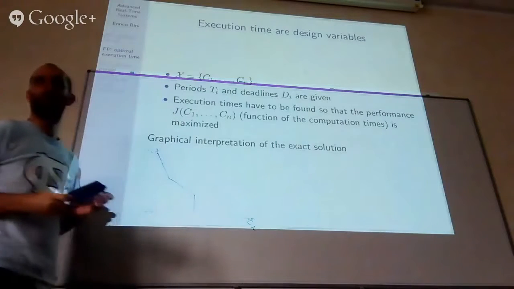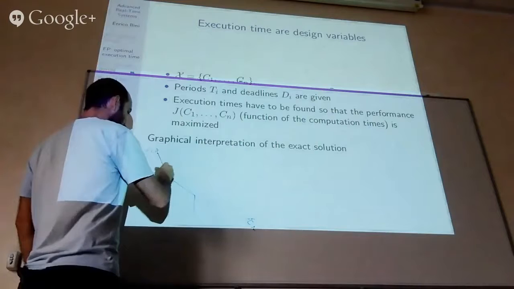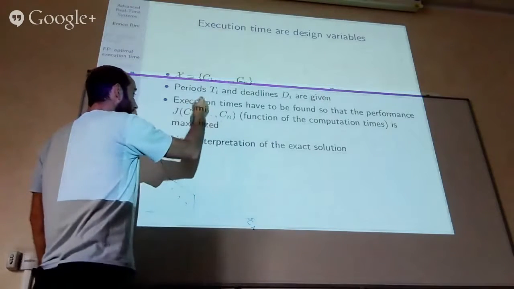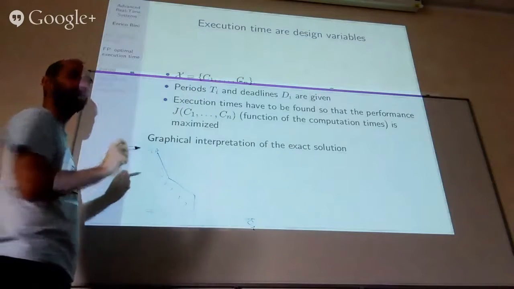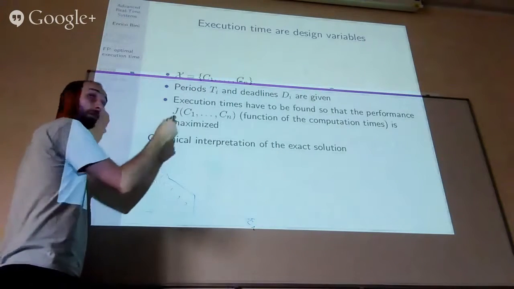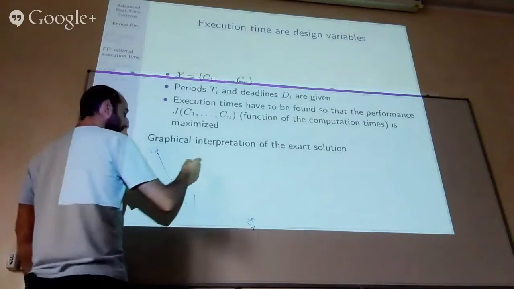I think I drew something like this in one of the previous classes, and this was the feasible region. Basically, solving the design problem on the computation times means that we have to solve the optimization problem over this region. So here we have a cost function.